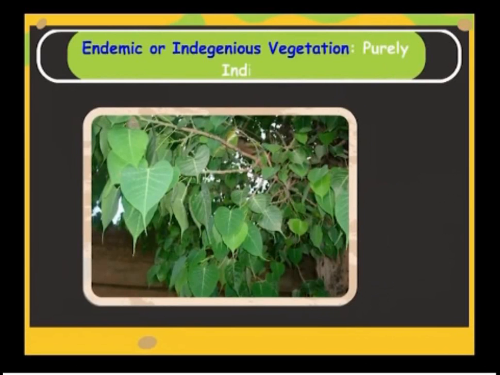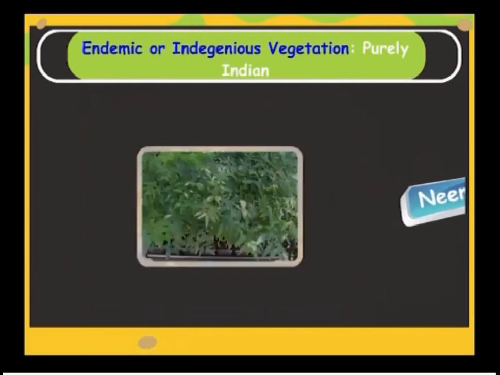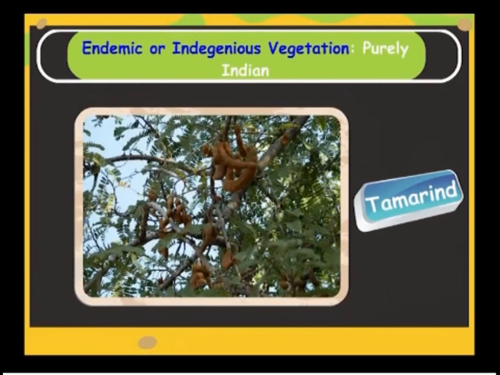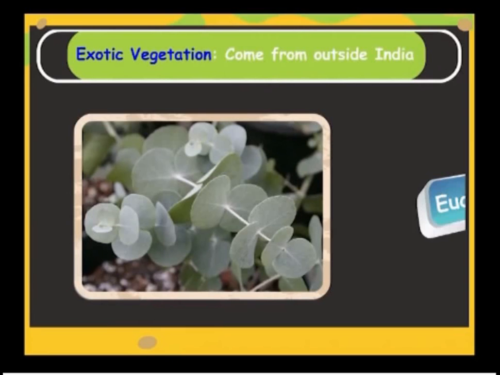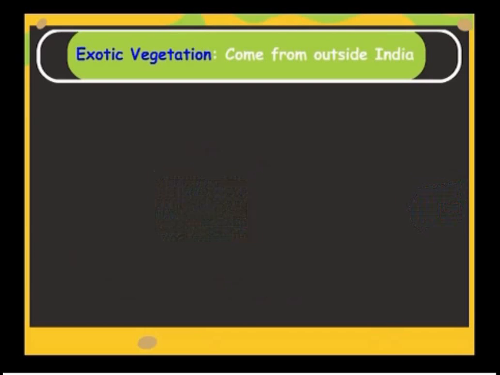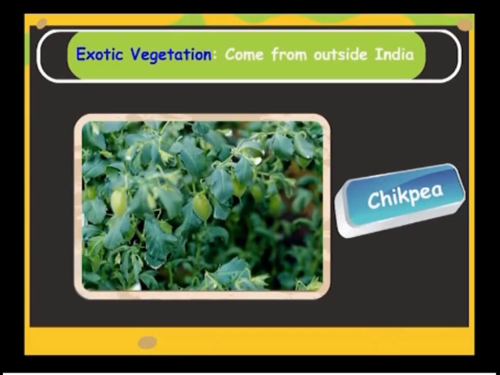Virgin vegetation which is purely Indian is known as endemic or indigenous vegetation, such as peepal, neem, tamarind, etc. Those which have come from outside are known as exotic vegetation, like eucalyptus, mantium, chickpea, etc.